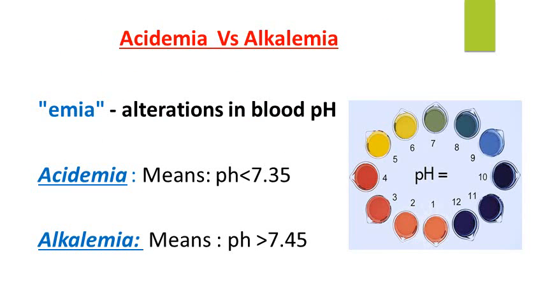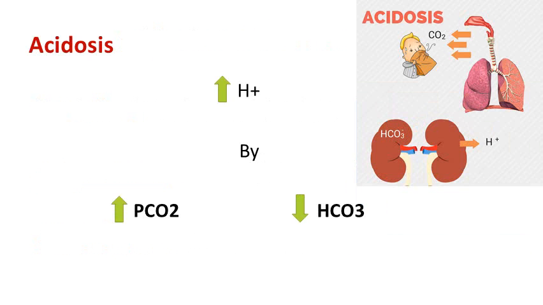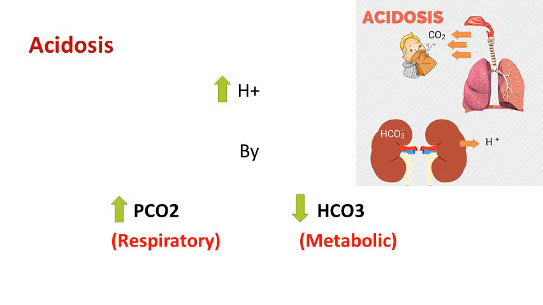So, acidemia means pH less than 7.35. Alkalemia means pH more than 7.45. Acidosis means increase in hydrogen ions, either by increase in PCO2 or decrease in bicarbonate level. Increase in PCO2 level means that the problem is respiratory.